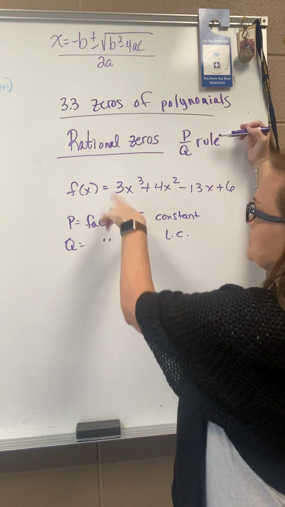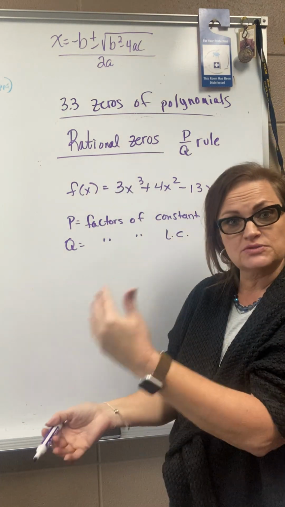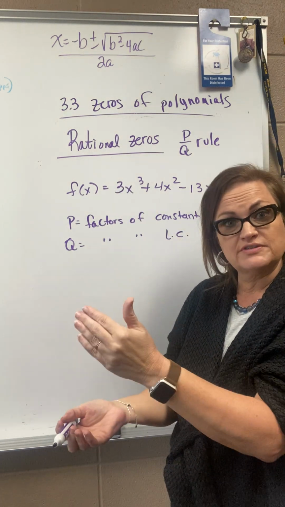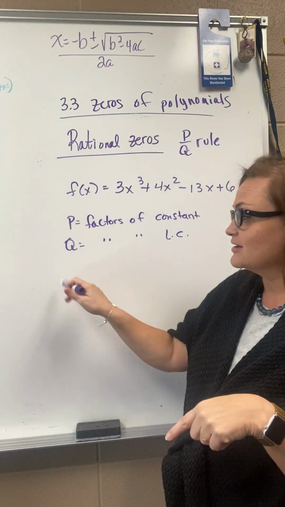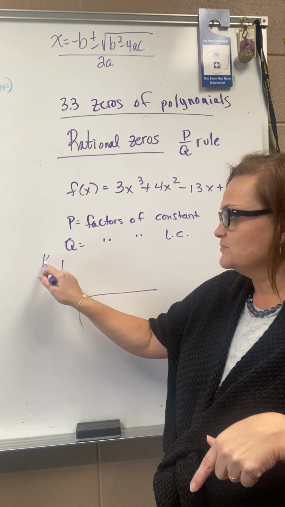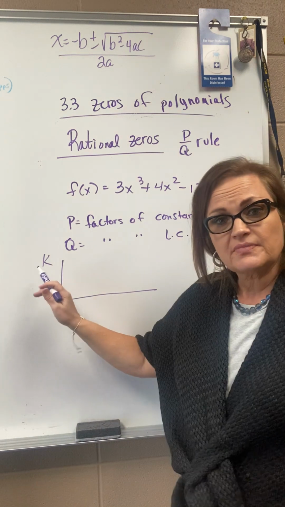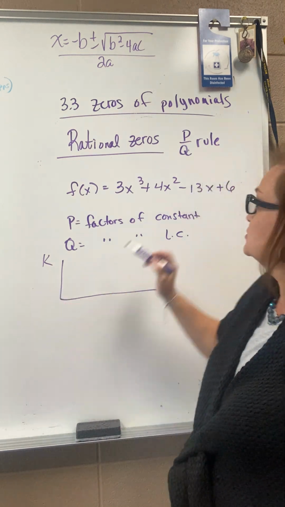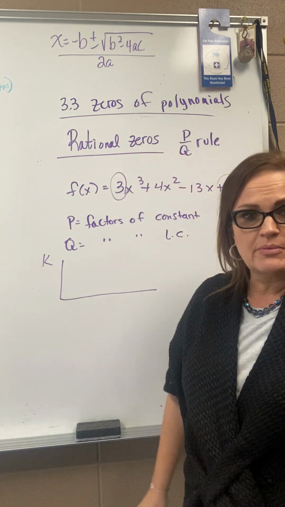If anything goes into this polynomial evenly with a zero remainder, that's what we mean by goes into it evenly, or one of its zeros, the synthetic division K value, the thing that goes out here on the housing when we make it, if it's going to be a zero, has to be some combination of the constant divided by the lead coefficient of that polynomial.